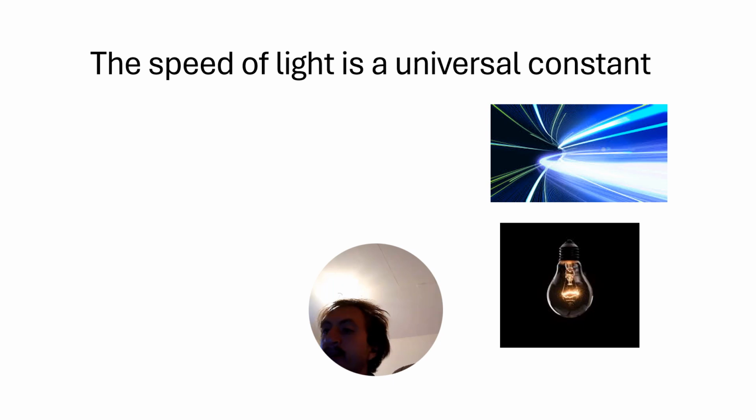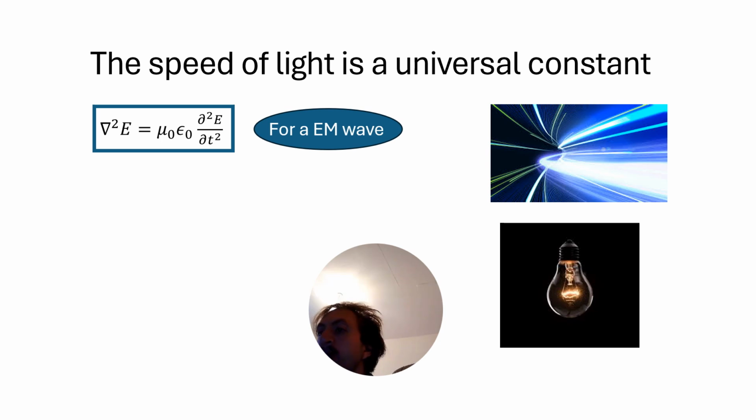But when we looked at Maxwell's equations, we saw that we end up with a wave equation for the electric field, but let's be a bit more specific, particularly how we know that it's a wave equation. Well, this is the equation we had for our electric field, with our universal constants mu naught and epsilon naught present.